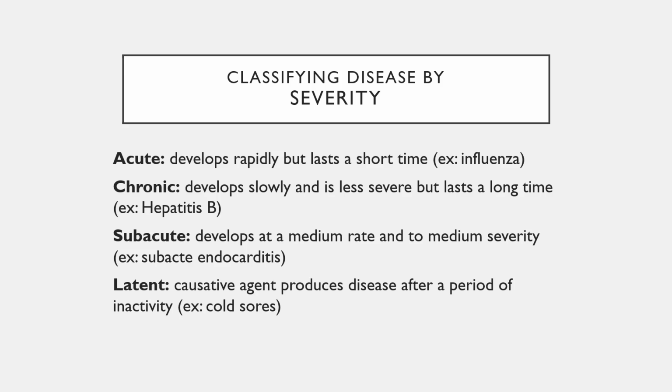For example, cold sores are at various stages a latent infection. The disease-causing agent, which is the herpes virus, is ever present in the body. However, at most periods of time, it is not active and therefore the disease is not apparent.